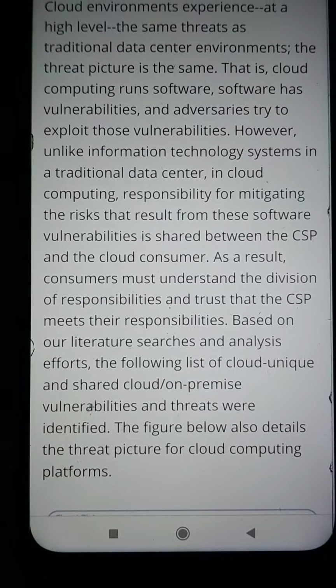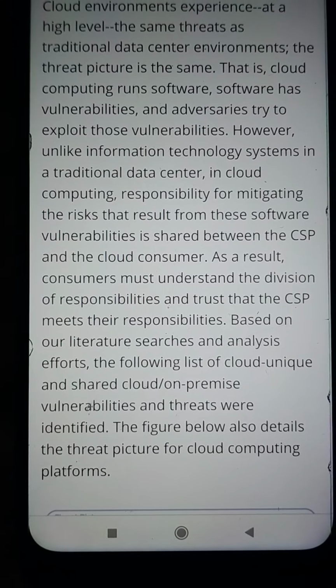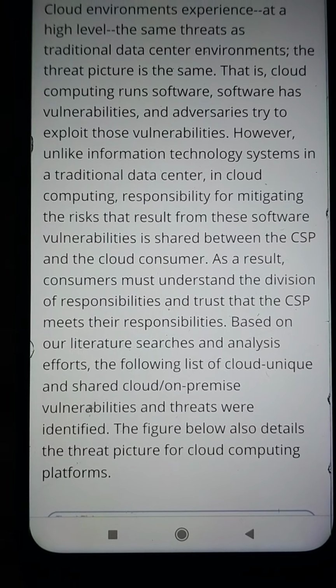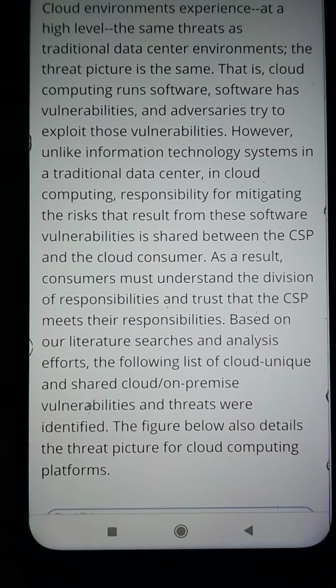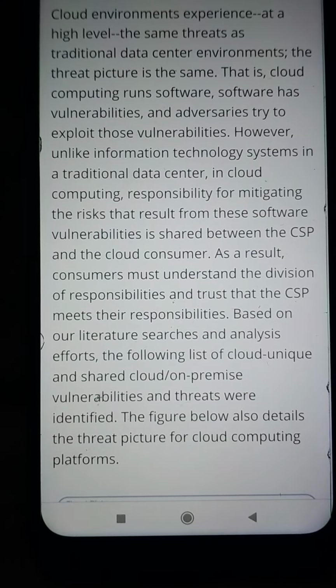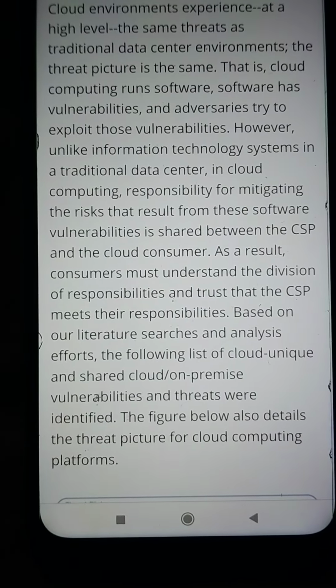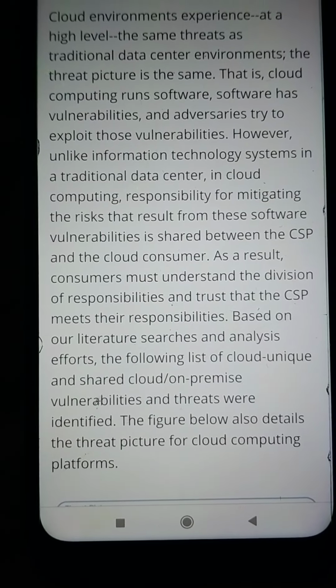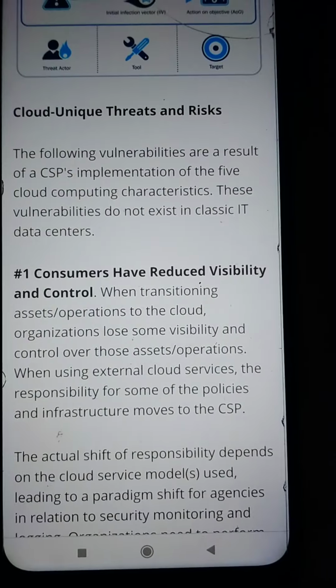Based on our literature searches and analysis efforts, the following list of cloud-unique and shared cloud and on-premise vulnerabilities and threats were identified. The figures below also detail the picture for the cloud computing platform.